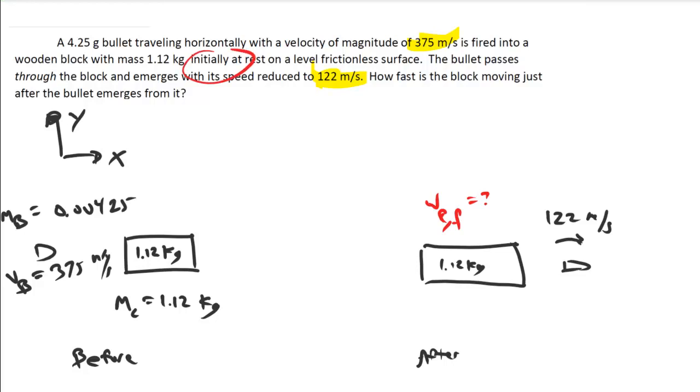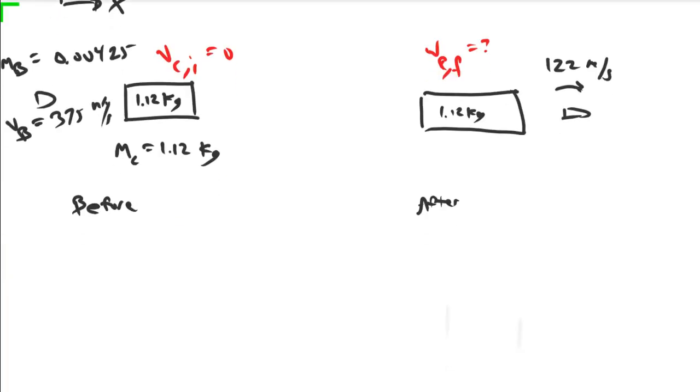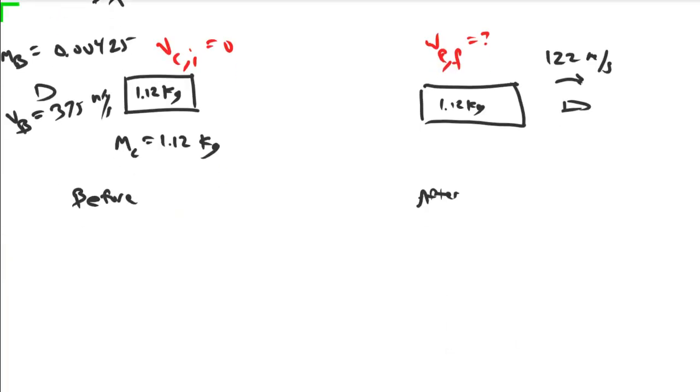It said that the crate was initially at rest, so we know the initial velocity of the crate was equal to 0. We have a collision, and we can use momentum in any collision. The two things colliding are the bullet and the crate. So we can write out the momentum of the system before the collision and after.